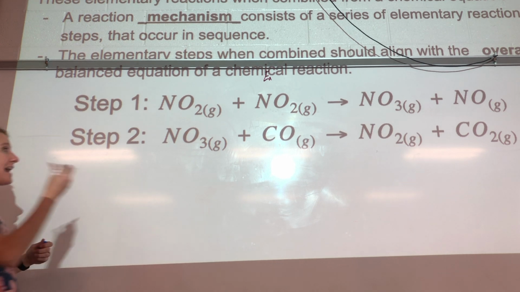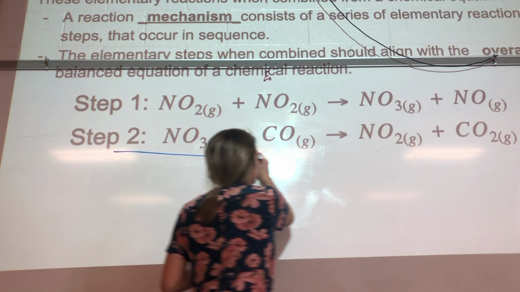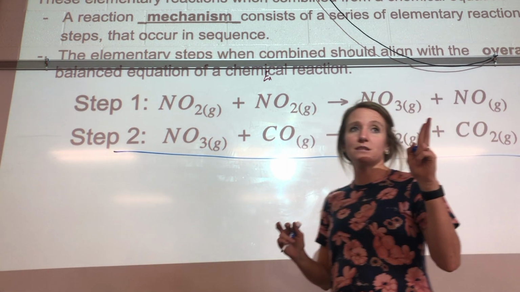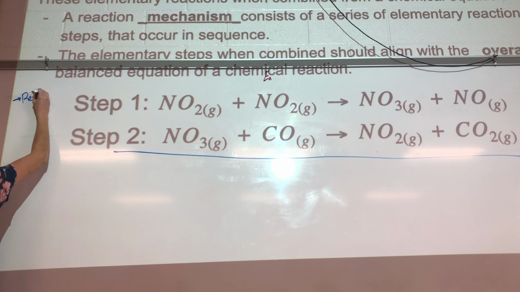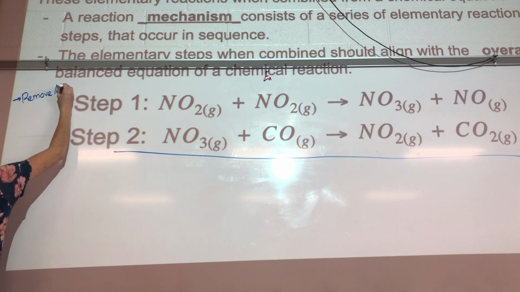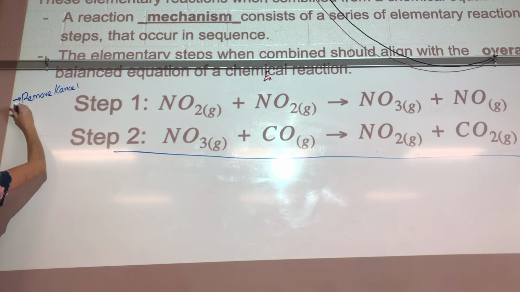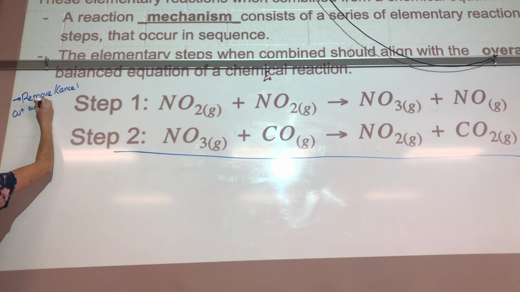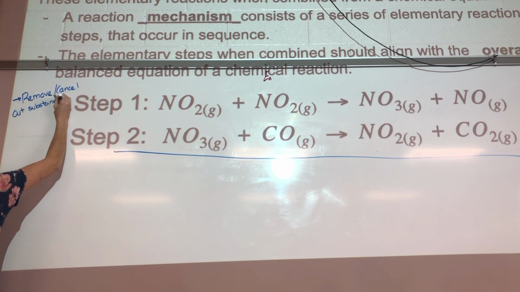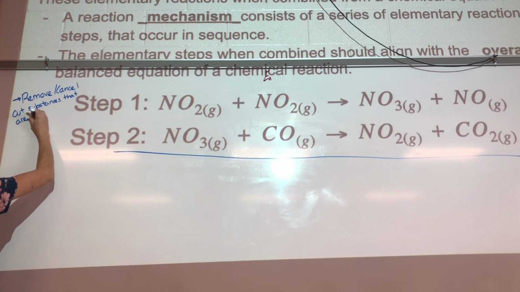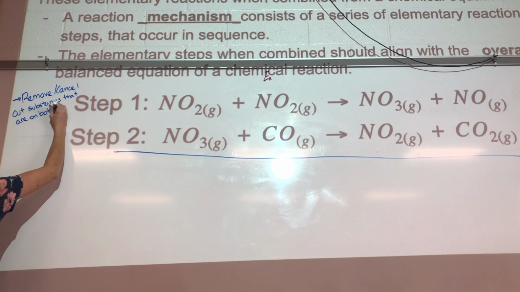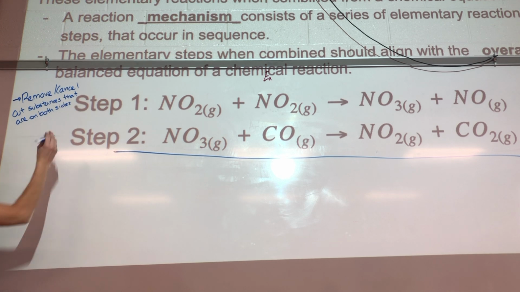Now, when you add up the overall reaction, so we're going to add these together, you do 2 things. You remove or cancel out substances that appear on both sides of the arrow. Can we call those spectators? We're going to have a different name for them.